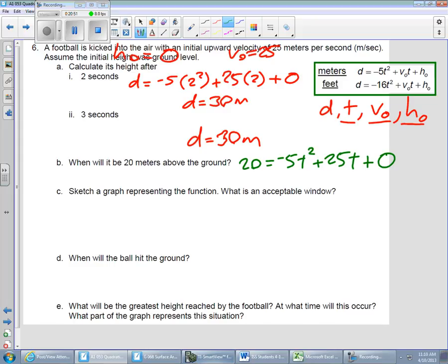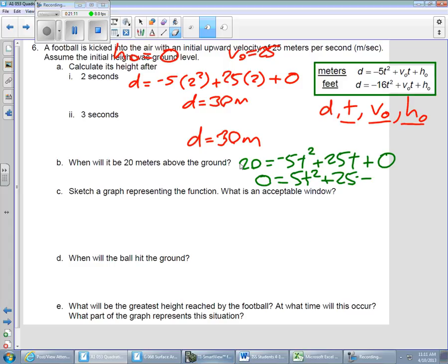And probably the easiest thing to do would be to move the positive 20 over to the right since everything else is already over there. To move the positive 20, we would subtract it from the other side. That would leave you with 0 equals 5t squared plus 25t, and then minus 20.